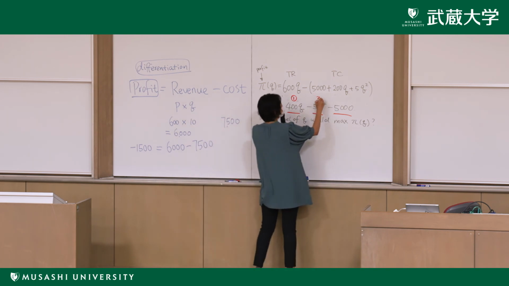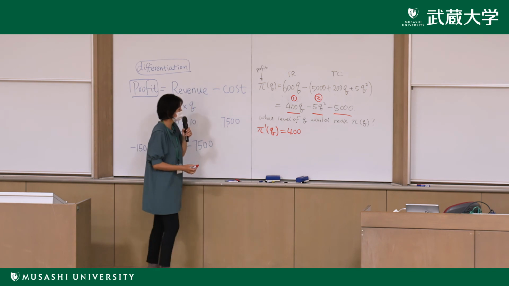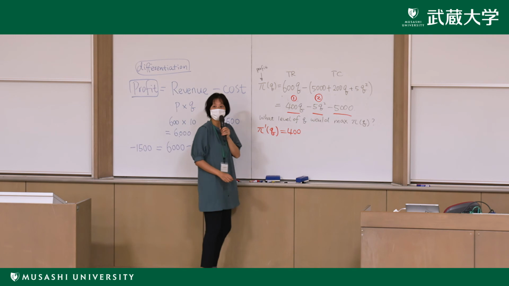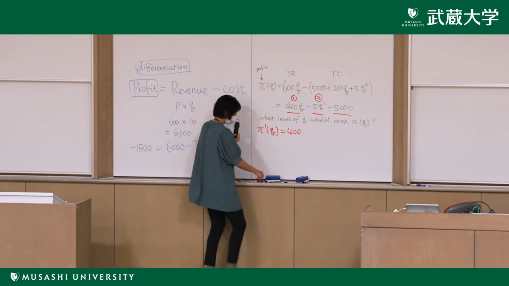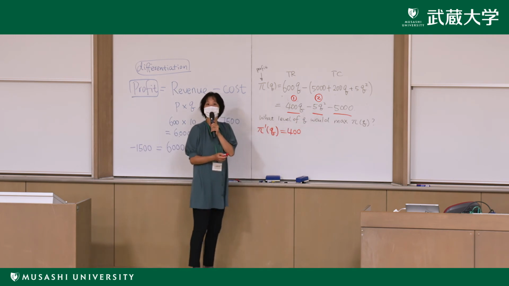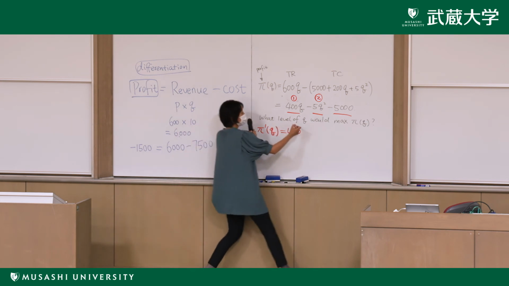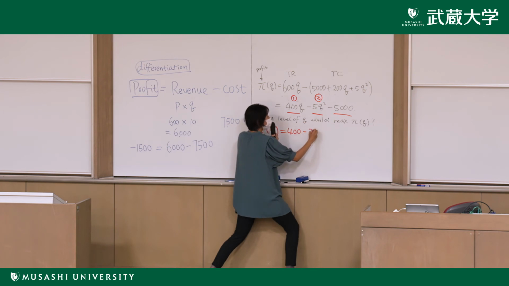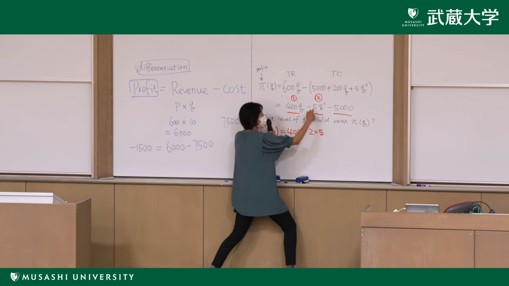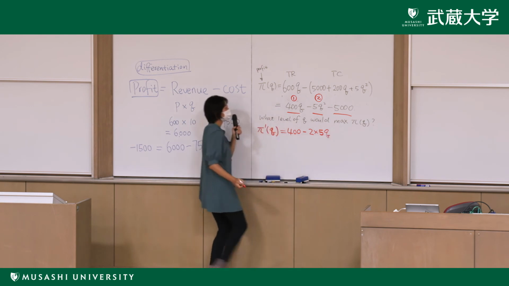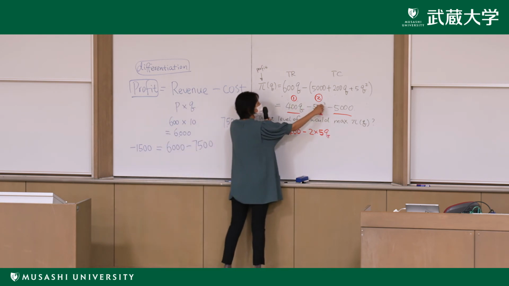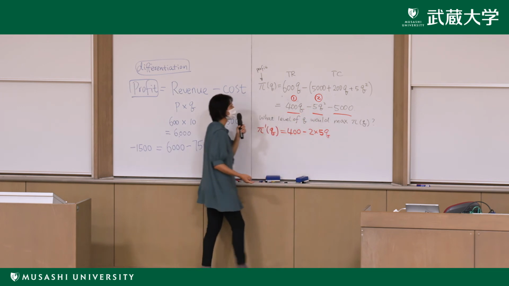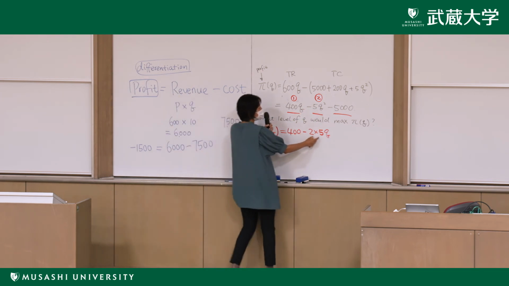And using rule number two, this is kq squared. So what do we get here? The derivative of this term is going to be, any idea? Minus, this 2 is going to come to the front, times 5, and then q. Basically the power 2 comes to the front, multiplied by the k, so it's 2kq, essentially 10q.